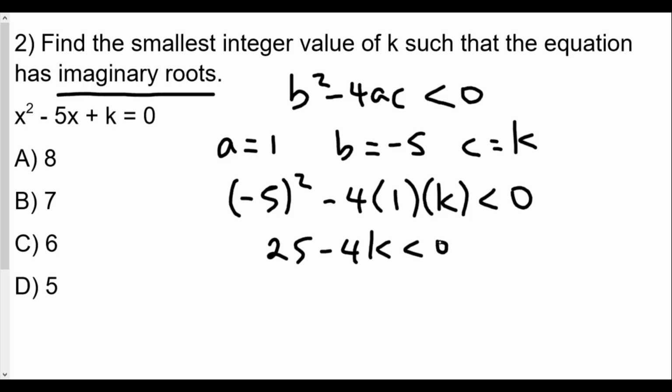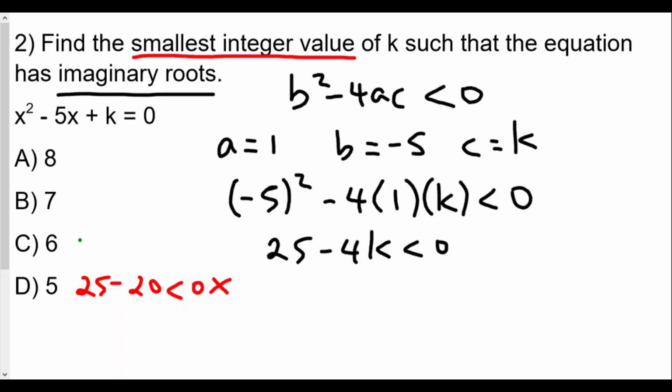But remember, we're looking for the smallest integer value. Well, we plug in 5. 25 minus 4 times 5 is 20, which is not less than 0. So it can't be that one.